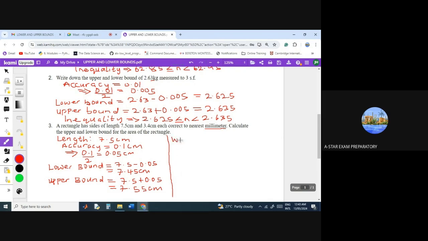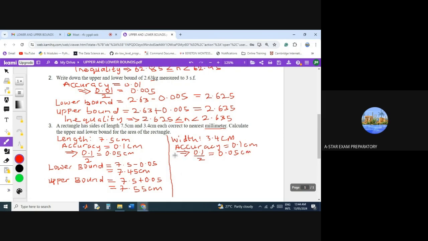So for the width is 3.4 centimeter. The accuracy remains 1 millimeter, which is the same thing as 0.1 centimeter. So this is 0.1 centimeter. So we have 0.1 divided by 2, which gives us 0.05 centimeter.